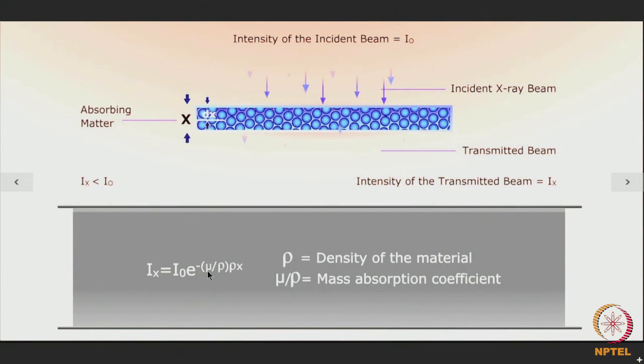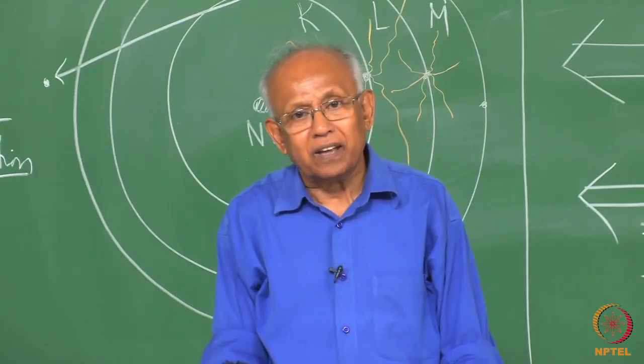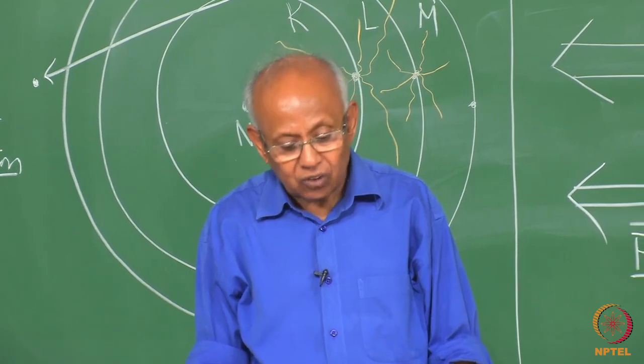Now, mu by rho is a constant for any material regardless of what form it may exist in, a solid, a gas or a liquid.